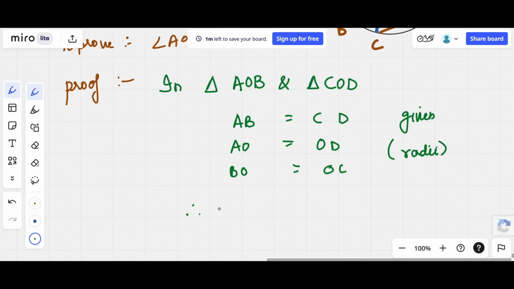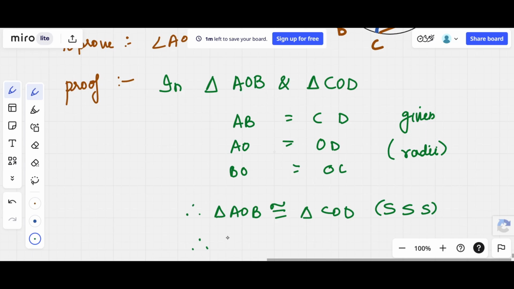Therefore, triangle AOB is congruent to triangle COD by which rule? SSS. Done. So now what will happen? If they are congruent, what will happen? CPCT, yes.